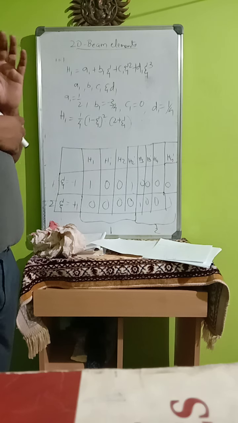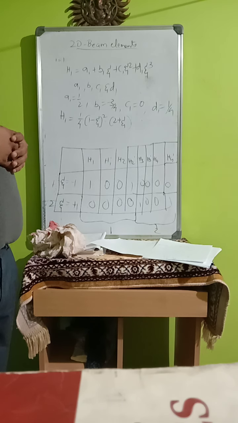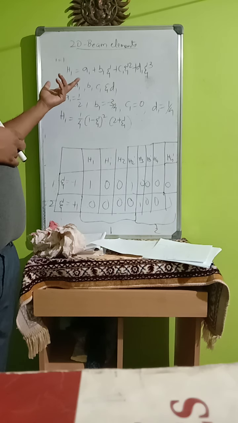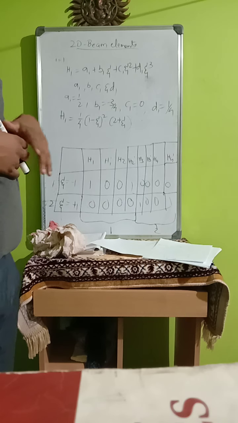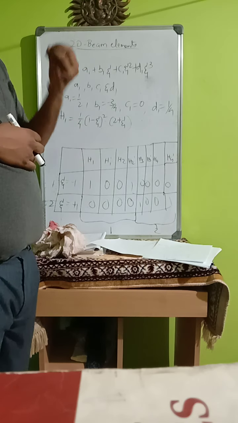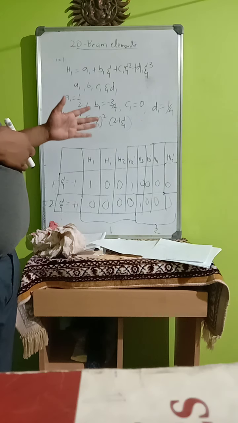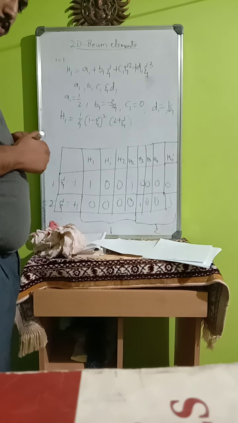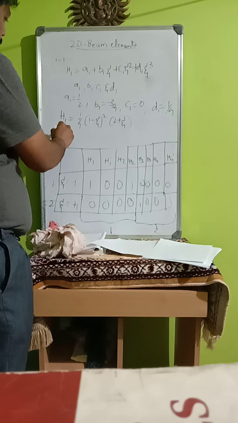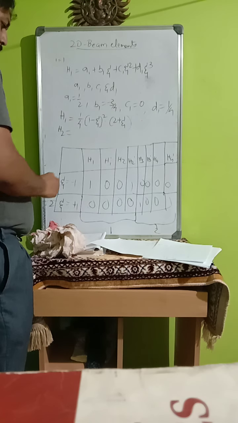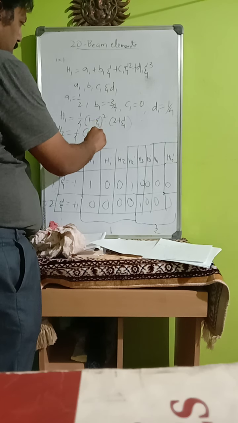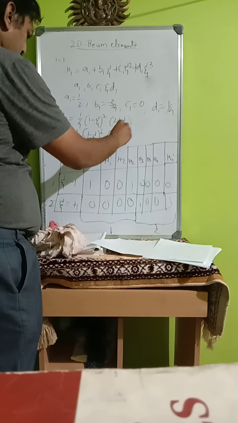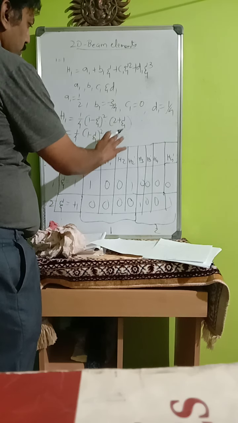Again upon simplification using simultaneous equations, we get a2, b2, c2 and d2, substitute those coefficient values, and you get h2. h2 is another shape function, that is 1 by 4 into (1 minus zeta) square into (1 plus zeta) plus 1.